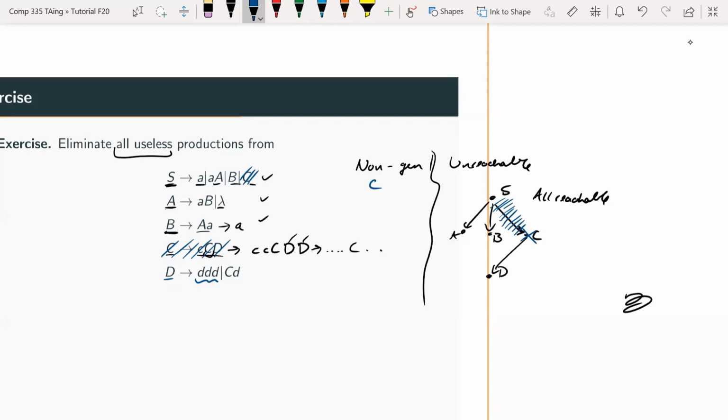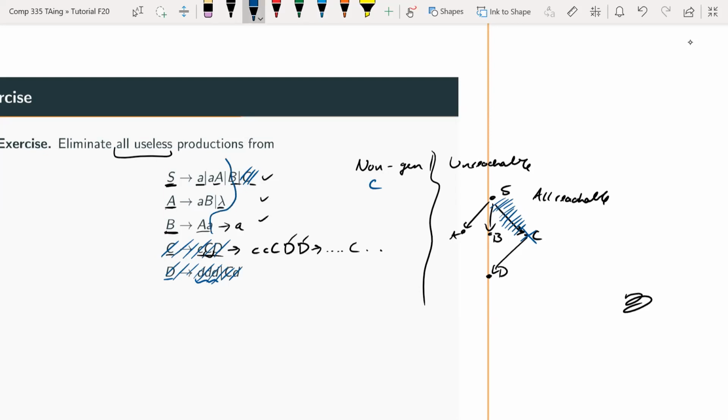And so now D is not reachable from S, because the only connection from S to D was through C, but now that you've removed that, D is going to be all alone. So D is now unreachable, and I can remove all the production rules with D.